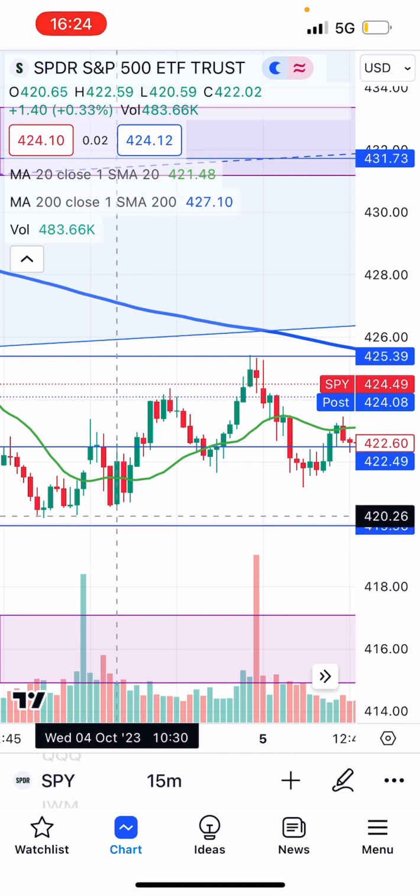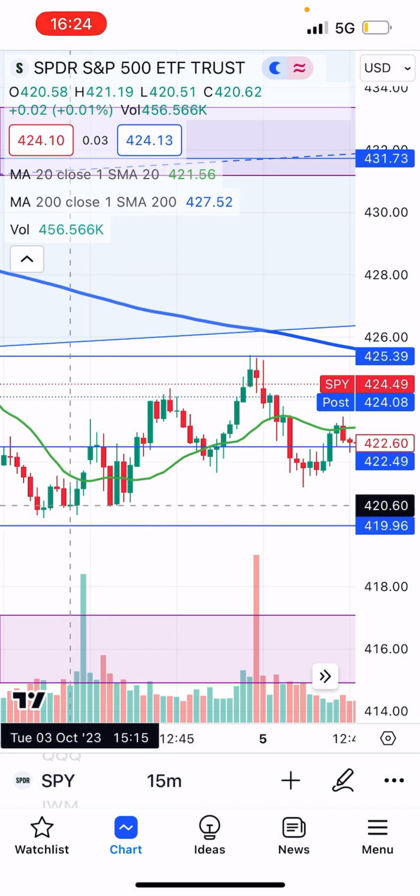And the reason I think that happens is once we get so far below the put wall, people that have puts that are deep in the money are going to start selling them because they're happy with their profits. If they're up 100+%, they're going to start closing those out, right? And if they're done, then market makers are going to be buying back the shares that they're short, and that's going to drive the price back up.